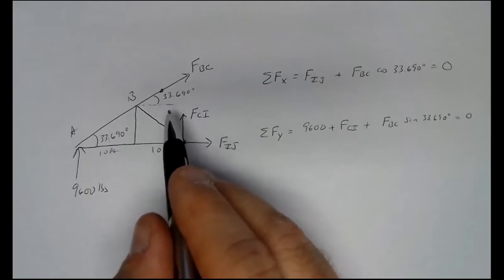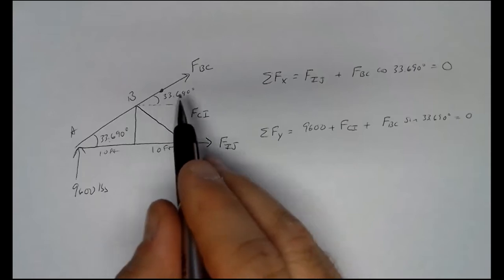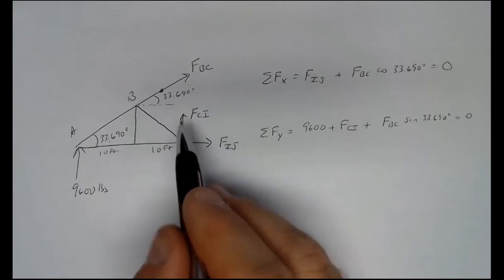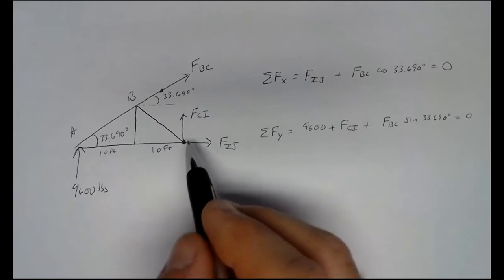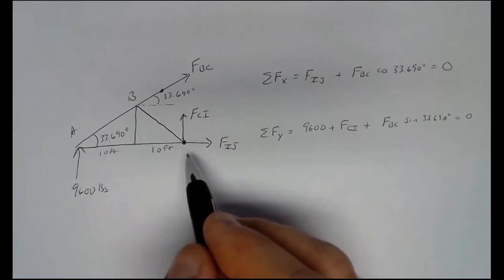It can be done, but you're going to have to be really careful about how you figure out your component and what the arm is and all of that. Or you could pick a different point.